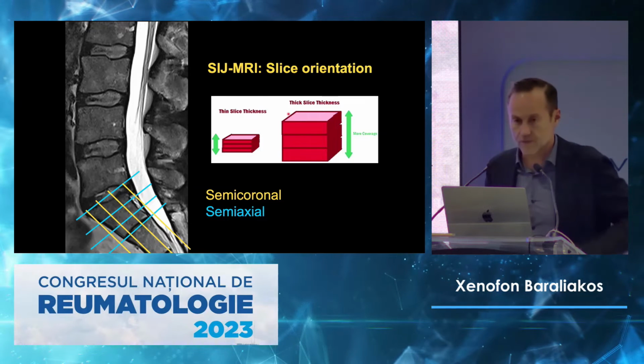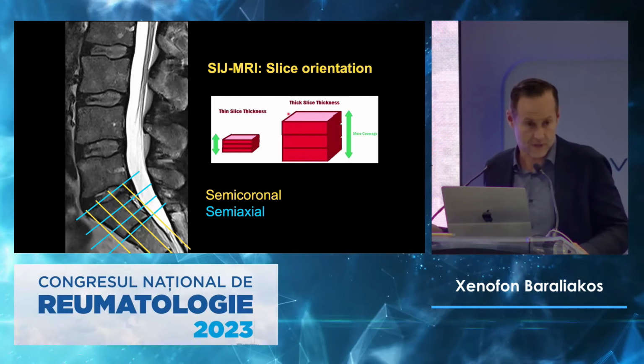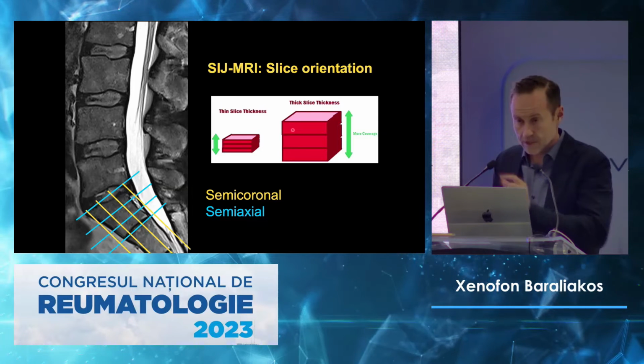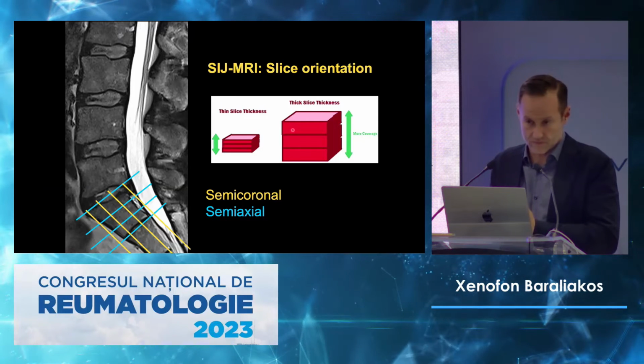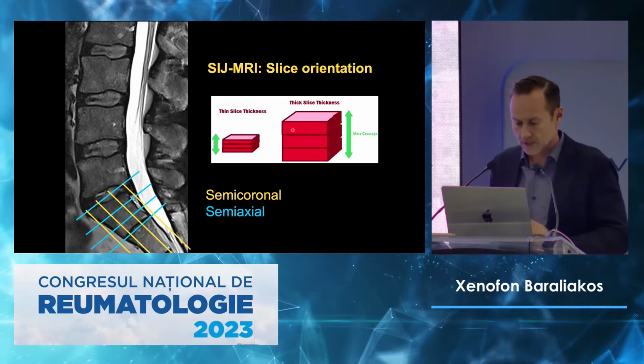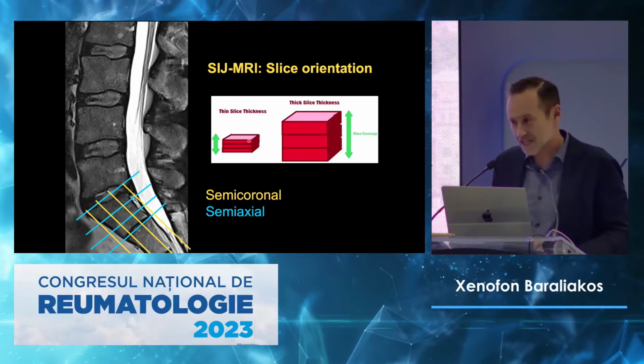The other thing is the slice orientation, the slice thickness. You may know that there are slices that we are cutting out of the patient on the MRI. The thicker the slice, the more blurry the image, but the faster the examination. The thinner the slice is, the more sensitive the image is.